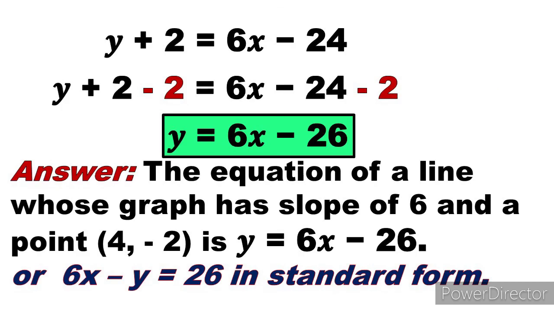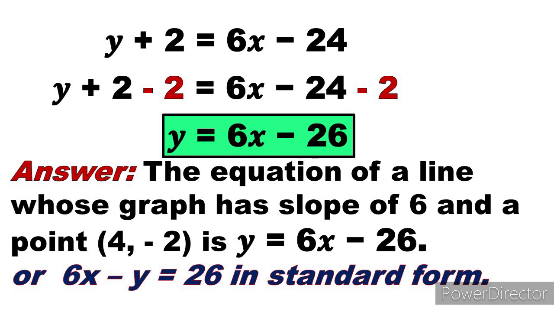And then, we're going to solve for y. To solve for y, i-isolate natin ang y sa may left side. And then yung positive 2, ililipat natin sa may right side. Okay? So, para ma-solve ang y, mag-a-add tayo ng negative 2 both left and right side ng equation.